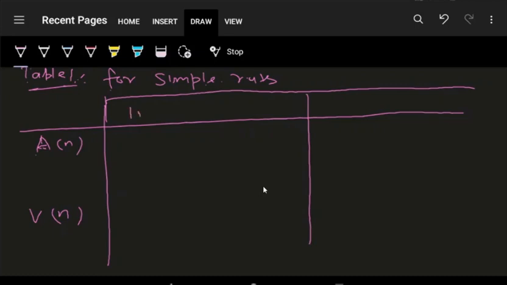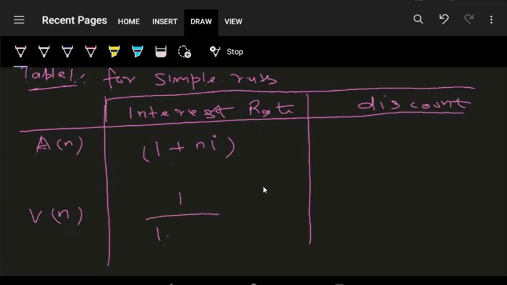In the case of simple interest and in the case of simple discount rate. The accumulation factor in the simple interest setting is 1 plus ni, as we have seen earlier, and the discounting factor is 1 upon 1 plus ni. In the discount rate case, the accumulation factor is 1 upon 1 minus nd, and the discounting factor is 1 minus nd.